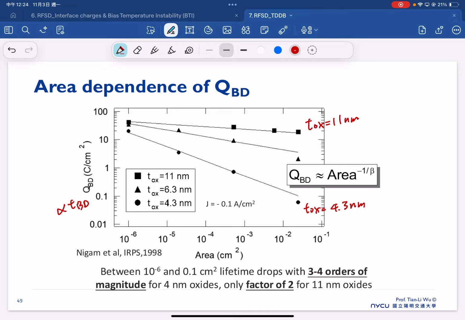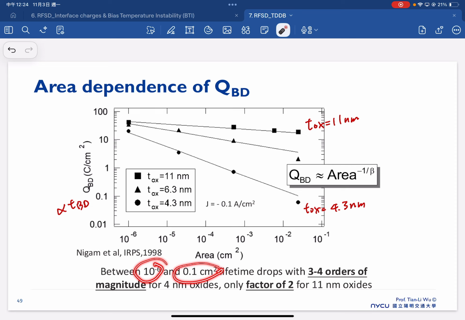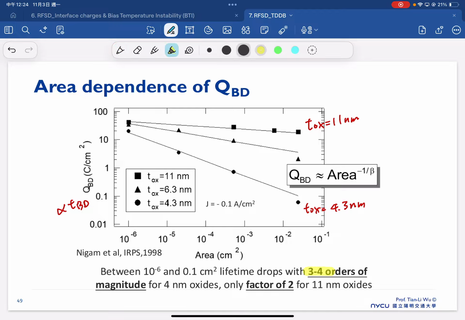So between the area of 10 to the minus 6 and 0.1 centimeter square, the lifetime will drop 3 to 4 orders of magnitude for 4 nanometer, but only a factor of 2 for the 11 nanometer.